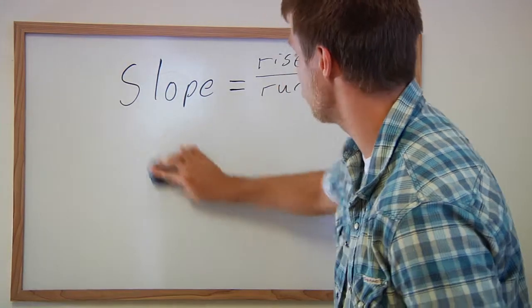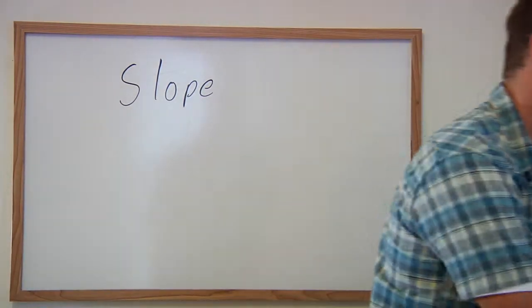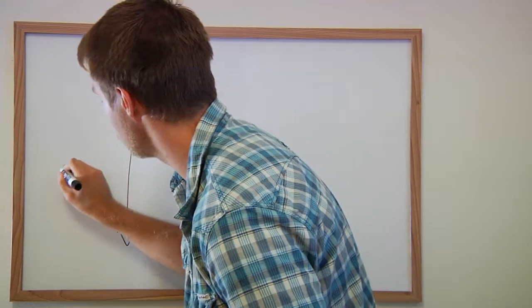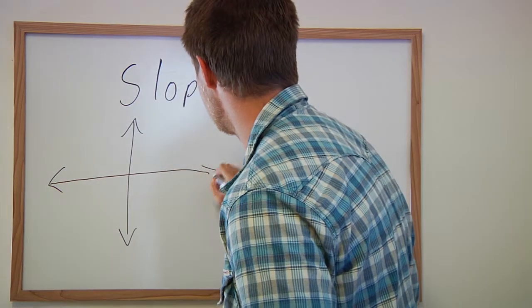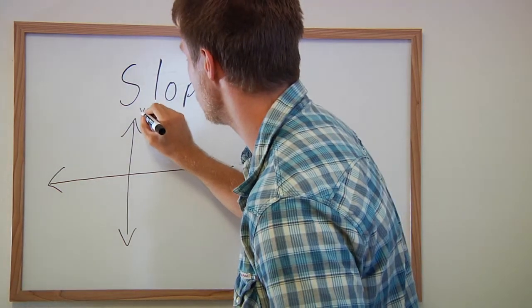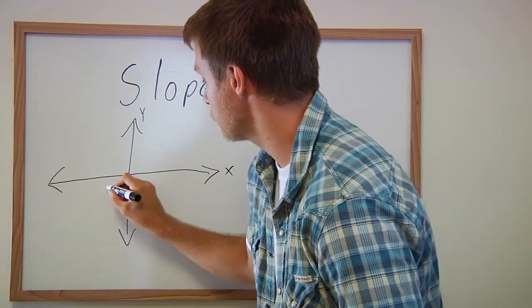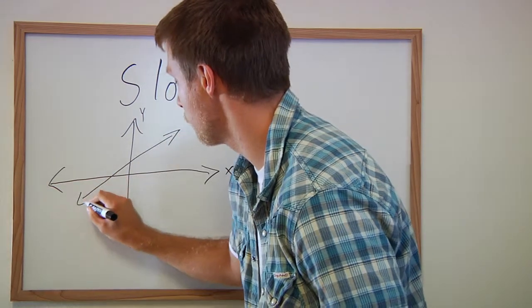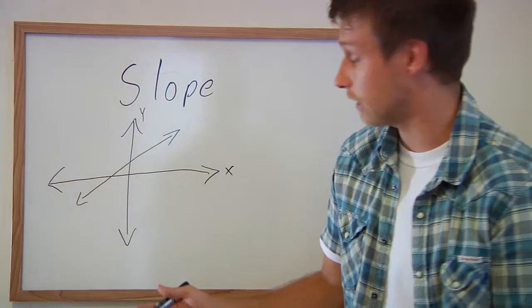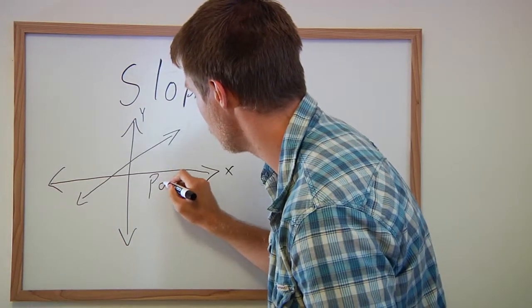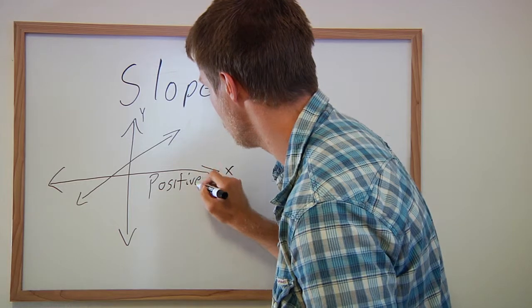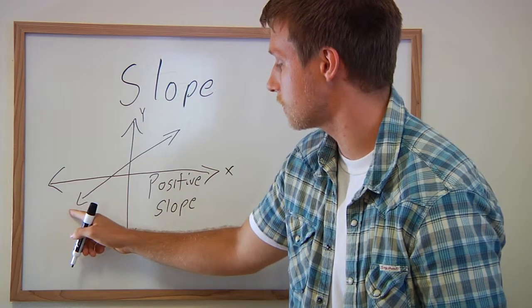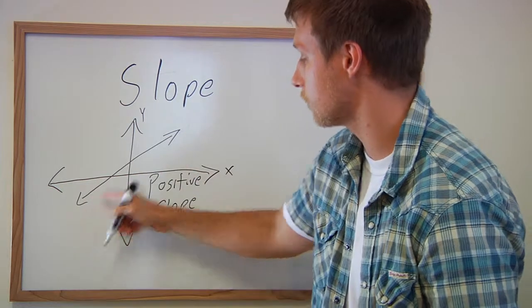And for slope, we have to look at more of a graph. Graphically, we'd look at a little easy xy axis, this being x, this being y, and we look at a line. Just say a line coming up like this. If we look at a line like this, we look at it as a positive slope, because it goes from the left side, increases, and goes up to the right.